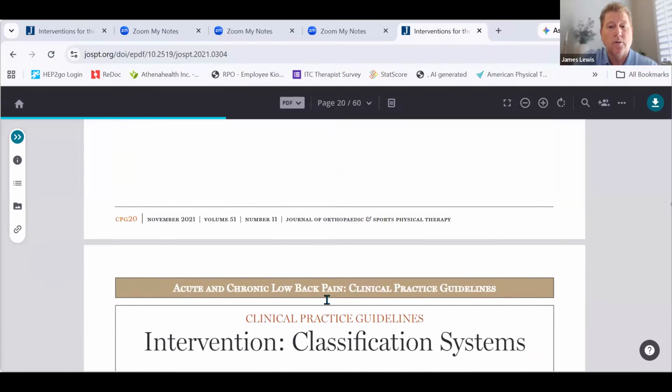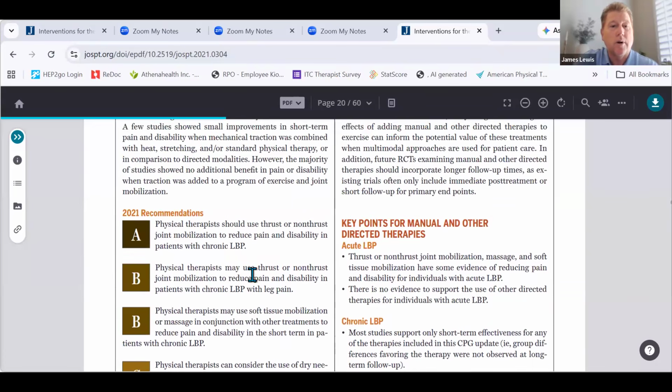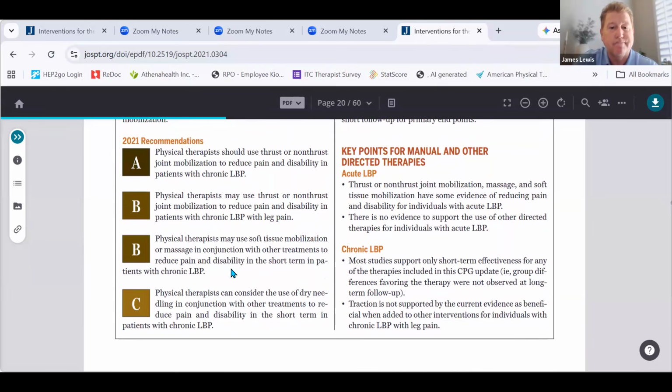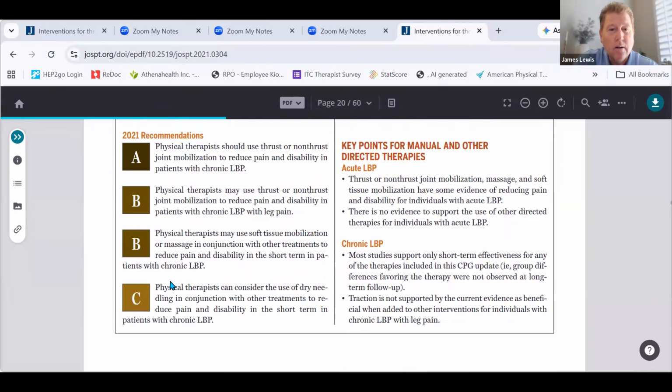All right. So overall recommendations 2021: physical therapists should use thrust or non-thrust mobilization to reduce pain and disability in patients with chronic back pain. Well, that's not what we're looking for. They may use it for chronic back pain with leg pain. Okay. Not there. You can consider the use of dry needling in conjunction with other treatments for pain and disability with chronic low back pain.